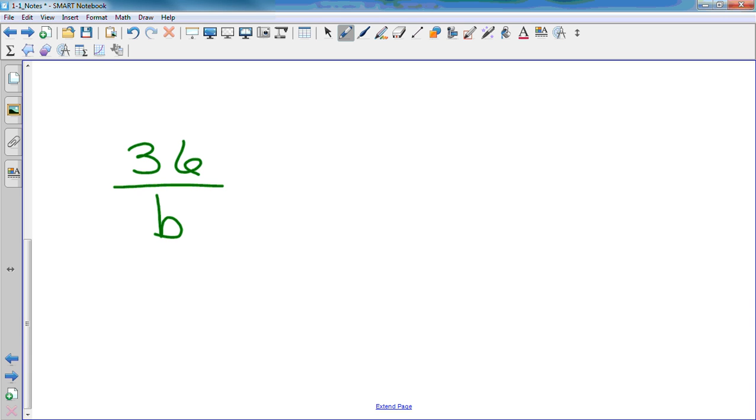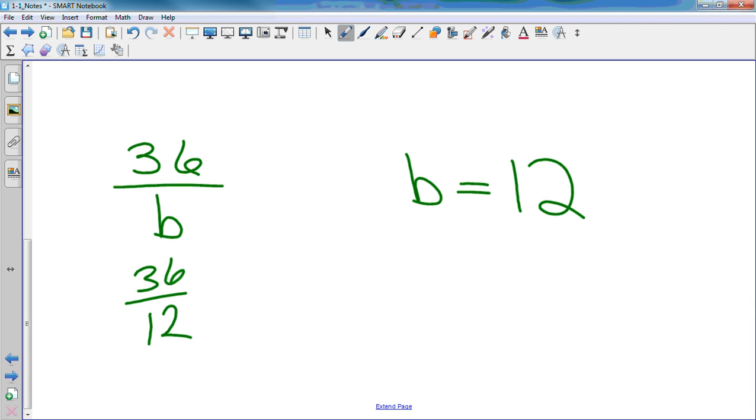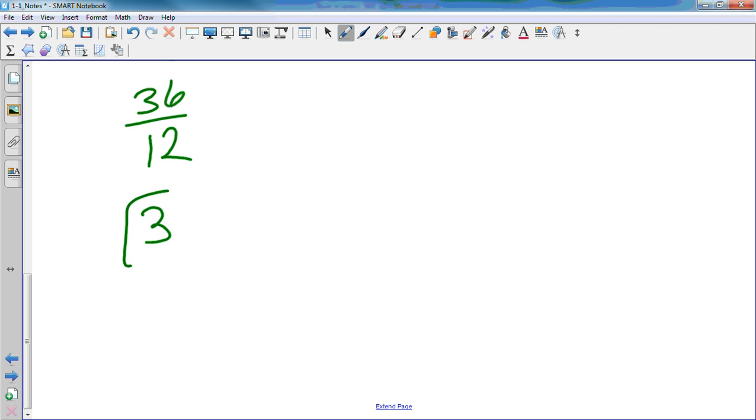And we'll say B equals 12. So I take my 12 and I plug it in for B. So I have 36 divided by 12. And then I chug. What's 36 divided by 12? 3. Final answer.